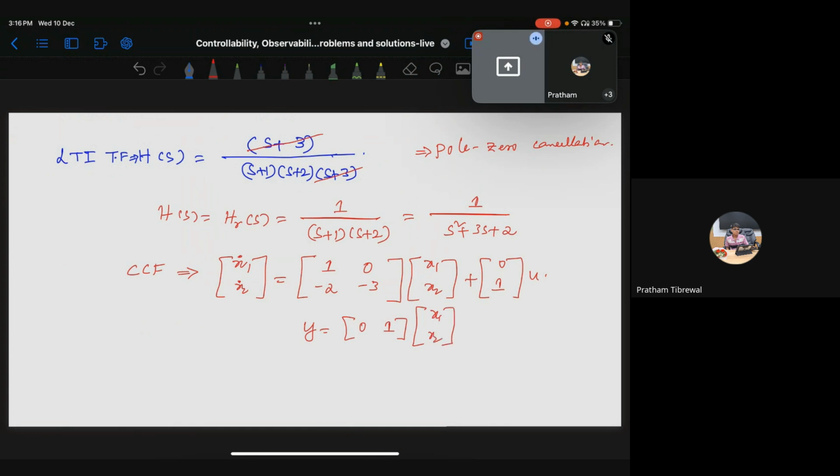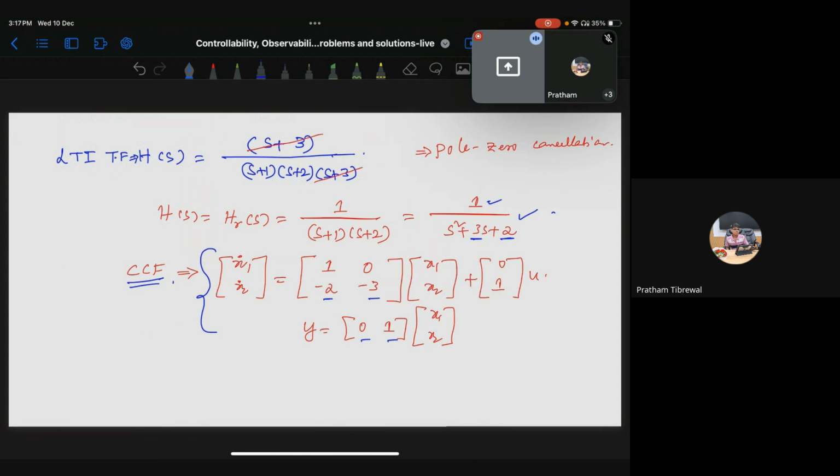So simply, by observing the transfer function, we take these coefficients from the denominator, and by observing the numerator, we take those coefficients here. So this is called the controllable canonical form.